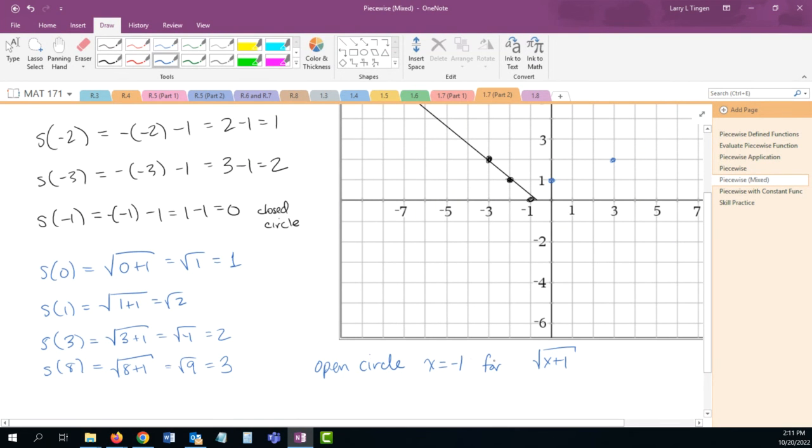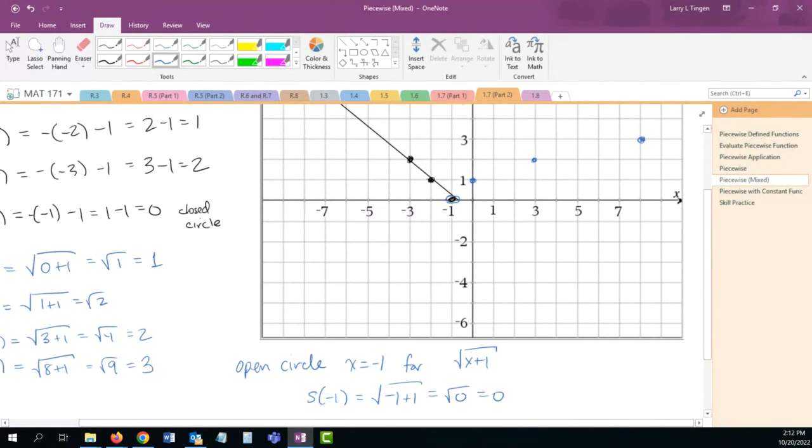But I have to do this graph and figure it out for all the points, all the way back to when x is -1, and I'm going to make an open circle there. So when x is -1, what would I get if I use this equation? Square root of 0, which is 0. So at -1, I'm at 0, which means that's another open circle.